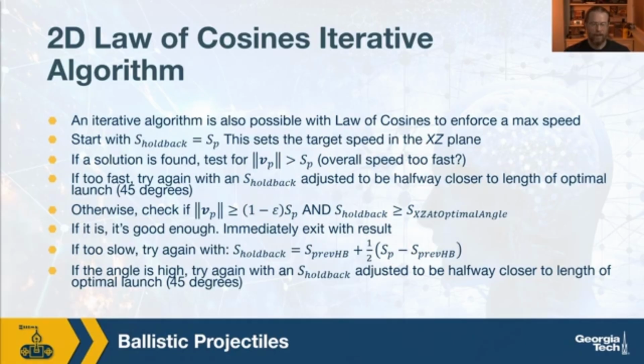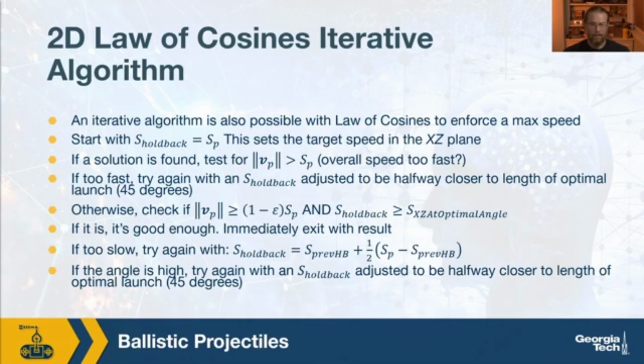That means we're introducing this y direction component. That's going to be cheating a little bit. We're very likely to end up with a velocity, the magnitude of which is greater than our maximum speed that we would like to enforce.